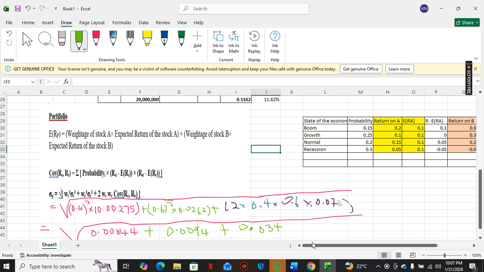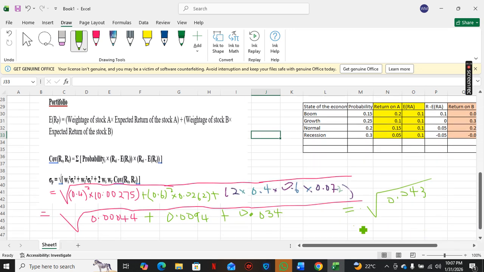You get 0.043. So what is the square root of 0.043? You get 0.207, which is 20.7%.